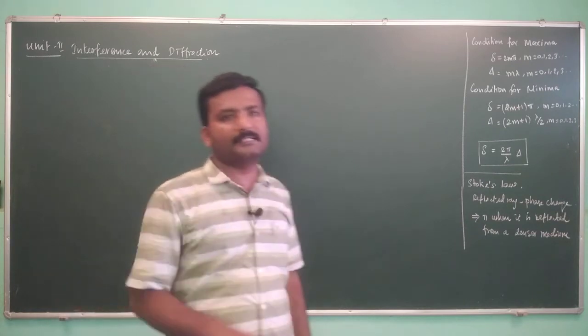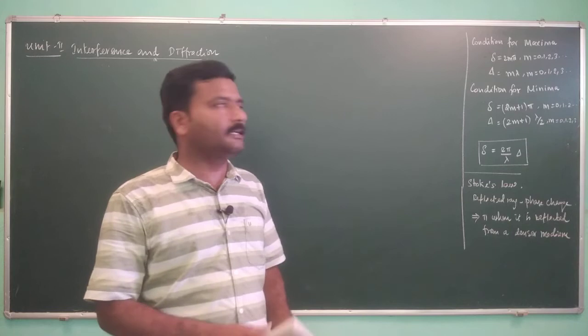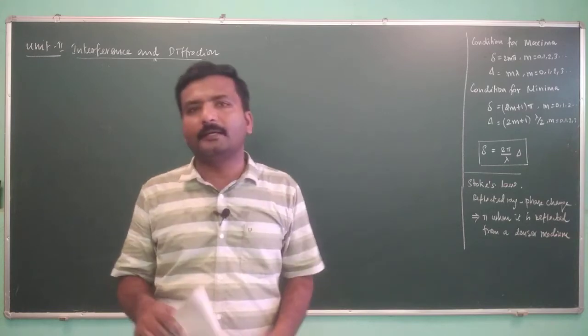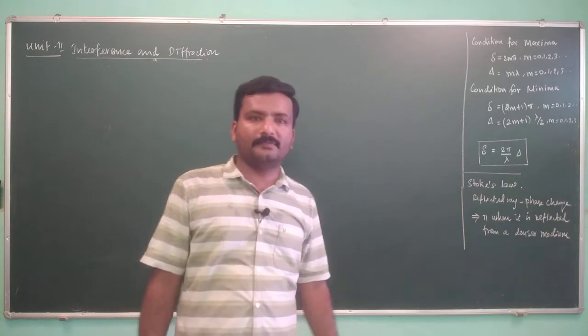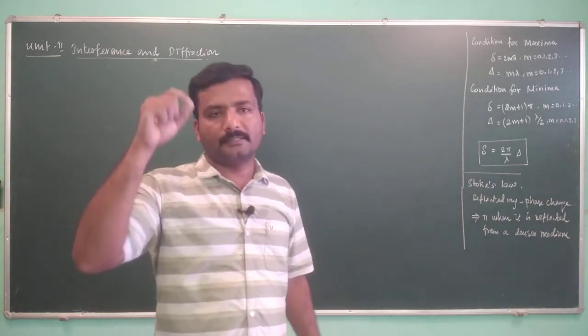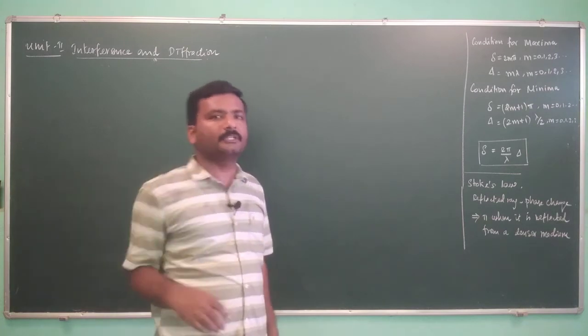For this purpose, let us consider a thin film of thickness T, and we will derive the condition for maxima and minima, and we will see how multiple colors occur when white light is made to be incident on a thin film of thickness T.